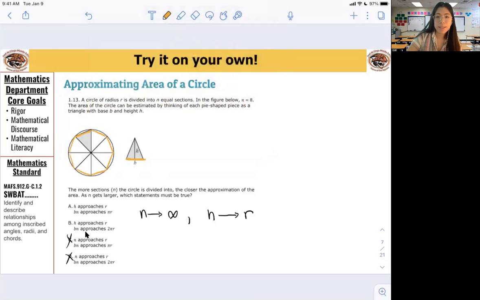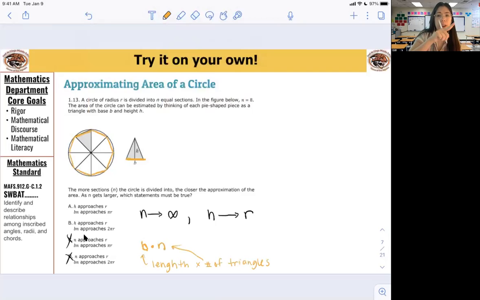So B times N just means the length of each base times the number of bases, or the number of triangles.